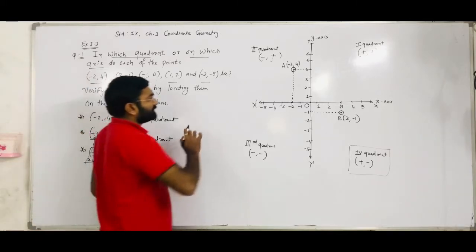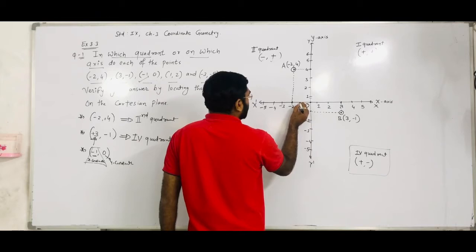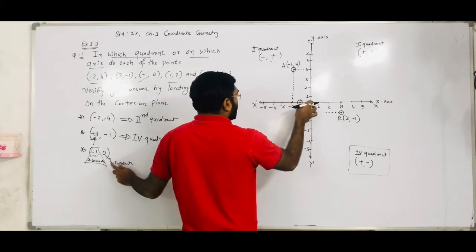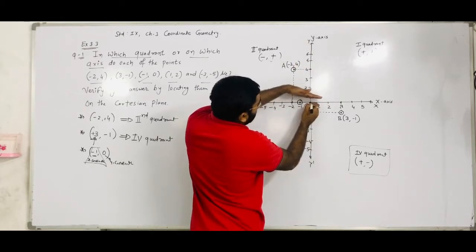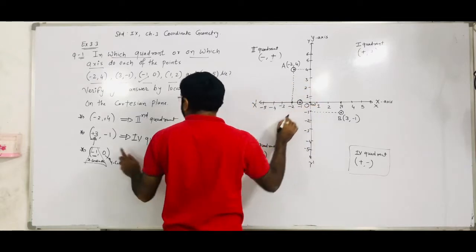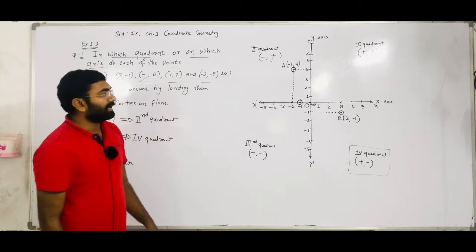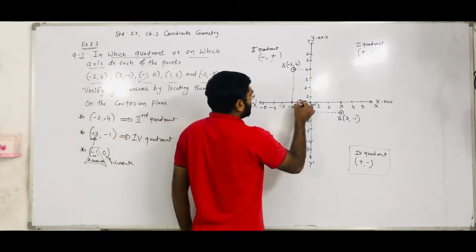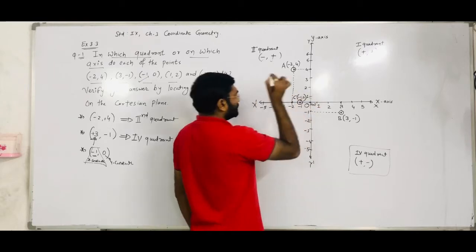On the x-axis, we get the x value minus 1 here. The y coordinate is 0, and on the y-axis the value is 0. So we can say the point minus 1, 0 lies on the x-axis, right? Suppose I represent that point as C, with coordinates minus 1, 0.